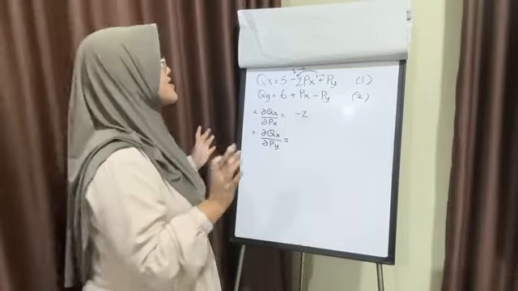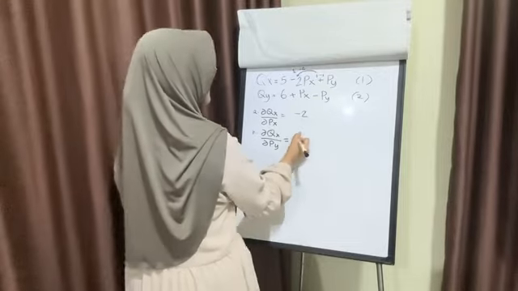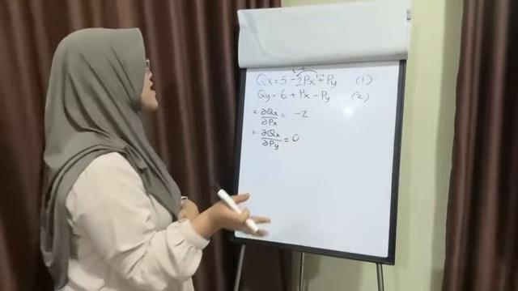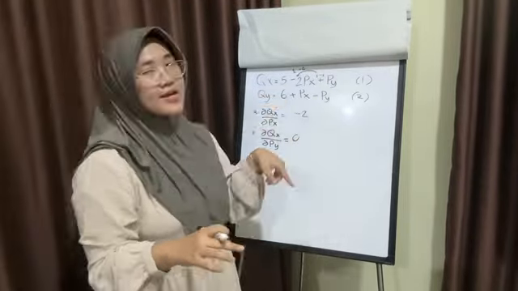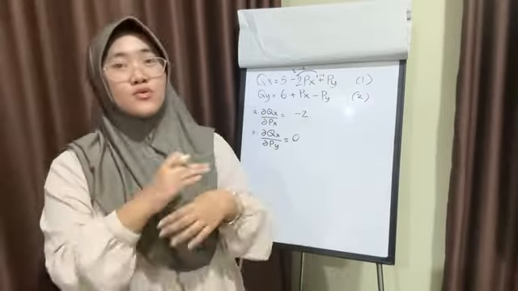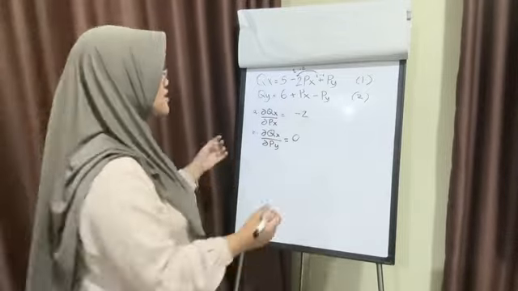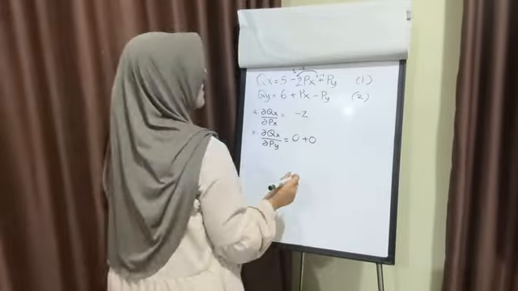Now, how to count it? It's basically the same, because the 5 means nothing here since it doesn't have any elements on its tail. And the minus 2PX here equals 0 because it's not asked. When you don't ask, you don't have to answer, right? So I write it down as 0. Why plus and not minus?